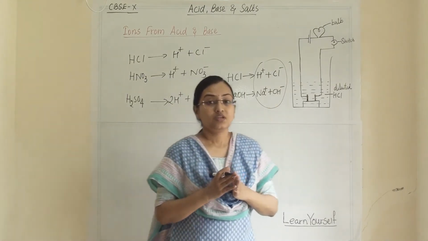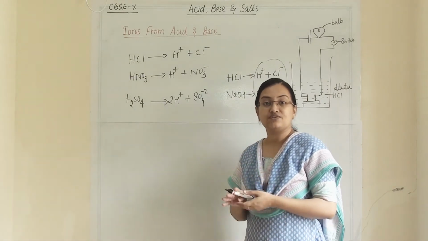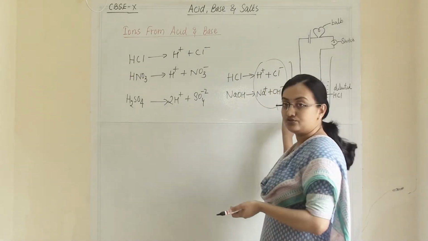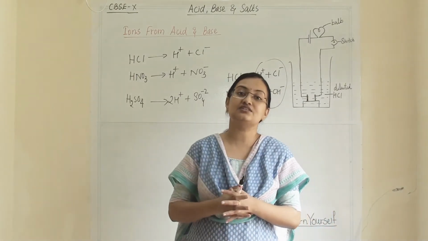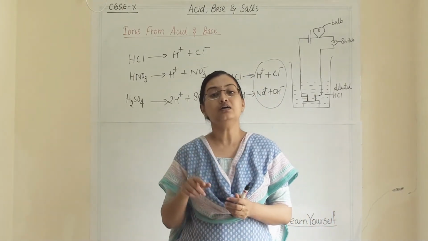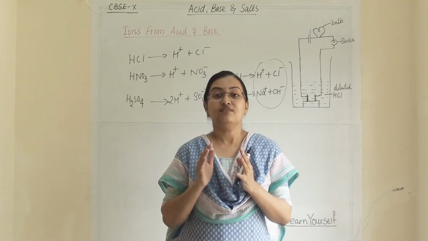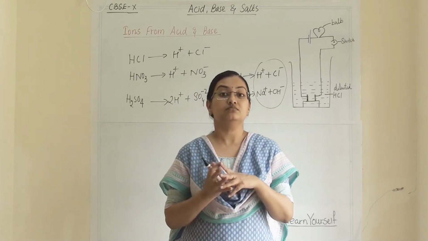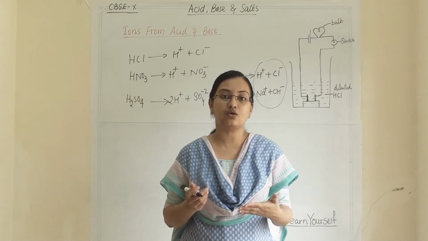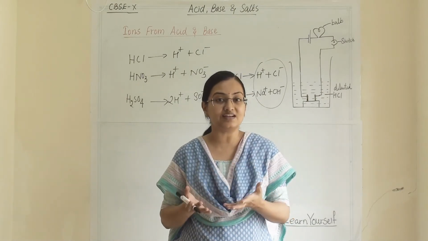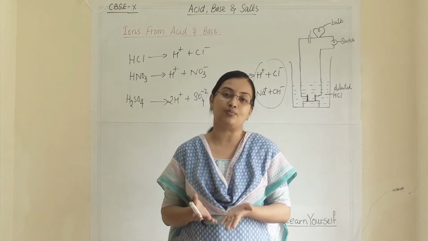So when acid and base are taken as the medium of the electrolytic solution, only then is it possible for electricity to pass through the circuit. But whenever you take a compound which cannot dissociate and give ions, like alcohol and glucose, in that case the electricity will not pass.